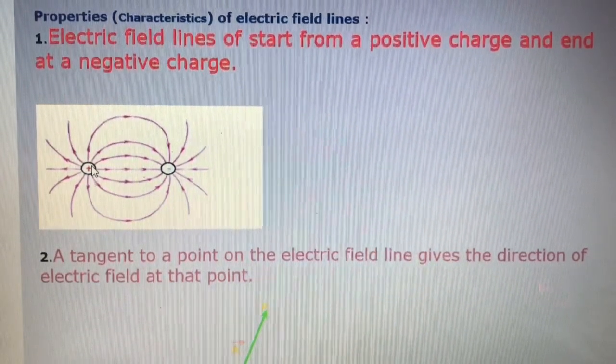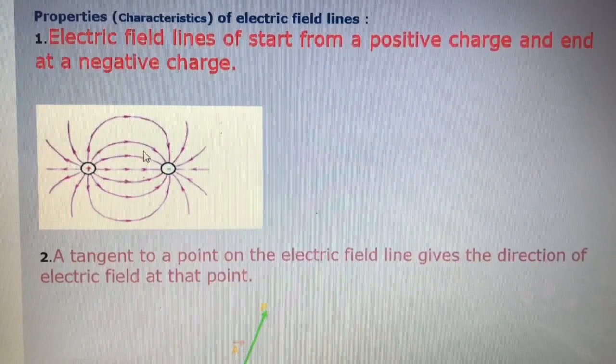Here the line starts from a positive charge and ends at a negative charge. All the lines start their journey from the positive point charge and end at the negative charge. Here also, positive to negative.